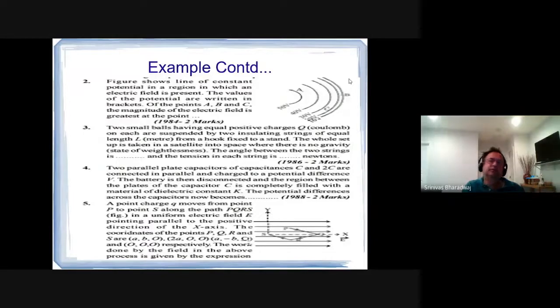So correspondingly, you can then calculate the new potential difference.